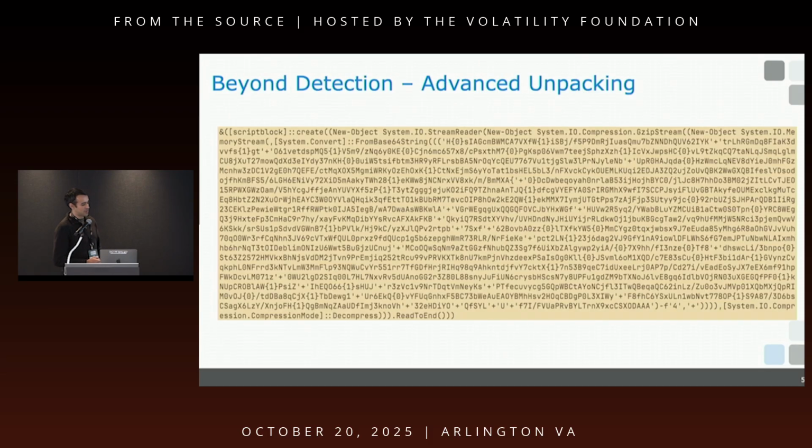And once you start bundling all these queries together, you can do even more things, like advanced unpacking of something like this. So here we have a script block, which is first going to require you to glue back together all of these string concatenations and format strings, convert that from a base 64 string into a byte array, and then decompress it as a gzip string, and finally create a script block, and once again invoke it with that command invocation operator.